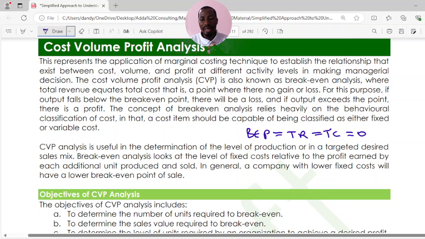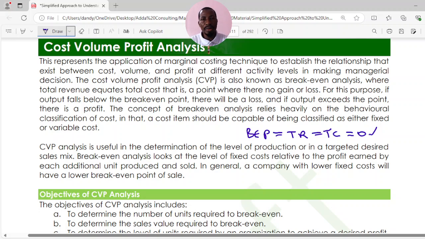At any point above the break-even point, the company will make a profit. At any point below the break-even point, the company will make a loss. If your break-even point is 0, anything above 0 is profit, and any point below 0 is loss.